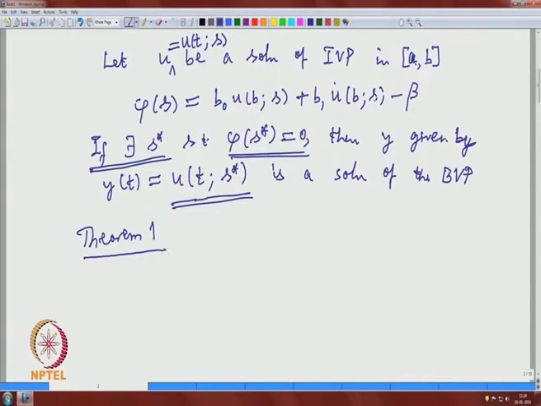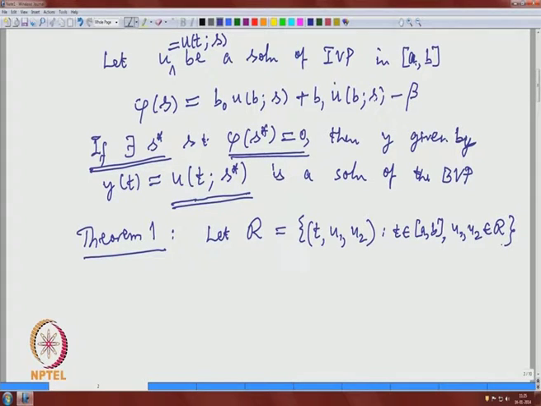Let R be the region of (t, u1, u2), t in the interval a b and u1, u2 in R. This condition looks a bit stronger, but that is sufficient for the solution of the initial value problem to exist in the entire interval a b.